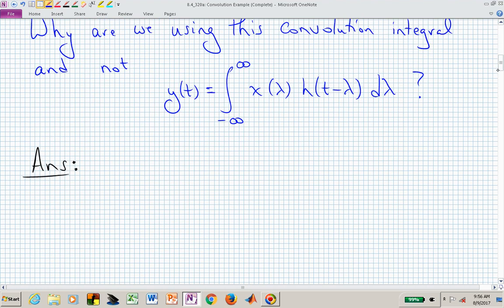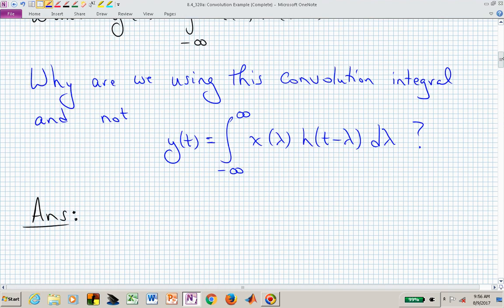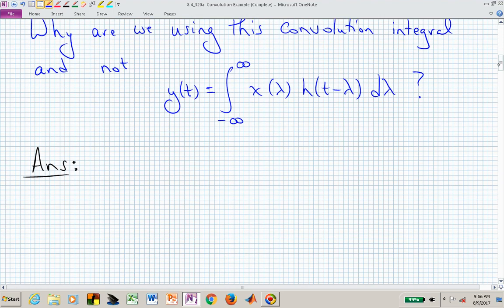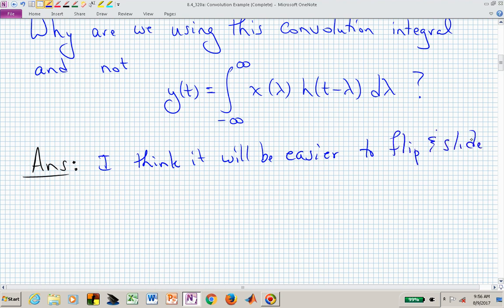So my answer is, why are we using the black convolution integral versus the blue? I think it will be easier to flip and slide x of t instead of h of t.